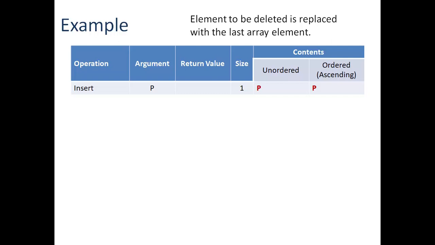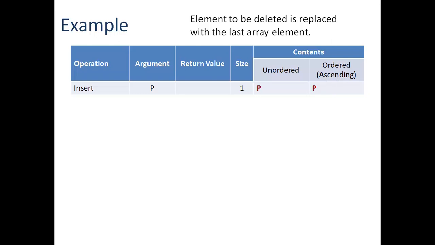Here we are assuming that an array is used for implementation of the priority queues. We may have an unordered or ordered version of the priority queue, and in the ordered version we are going to maintain the priority using the ascending order at any moment of time.